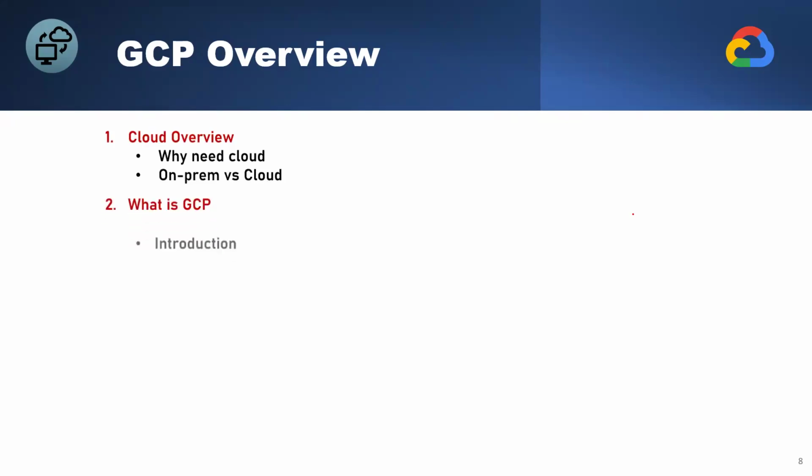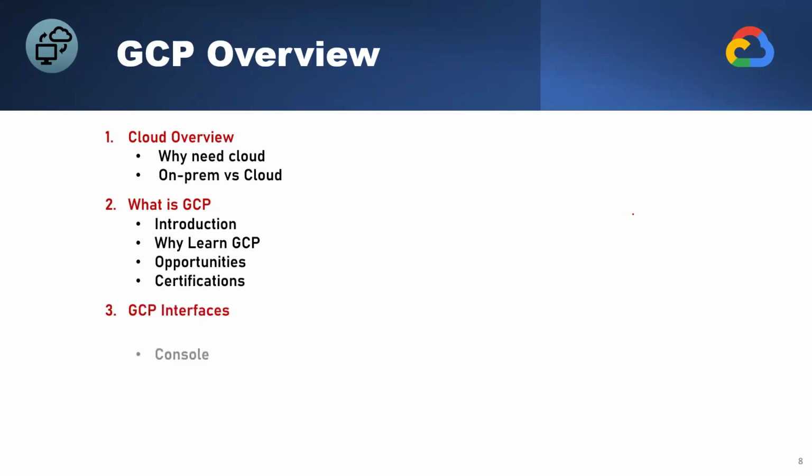Yes. Okay, so now I am going to talk about the curriculum that we are going to discuss. In detail, we are going to cover these topics. That is the cloud overview. Maybe from tomorrow onwards, I will start with why we need the cloud platform, on-premises versus cloud, what GCP is, why we learn GCP, and the opportunities and certifications.